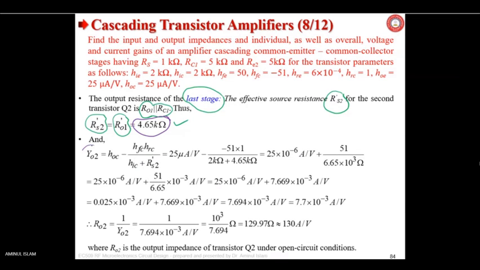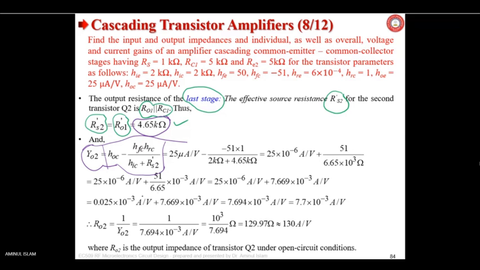Yes, understood. So this is the RS2 prime, which is calculated already. So YO2 can be written in this way. YO2 is equal to HOC minus HFC RC. This is all known to us.